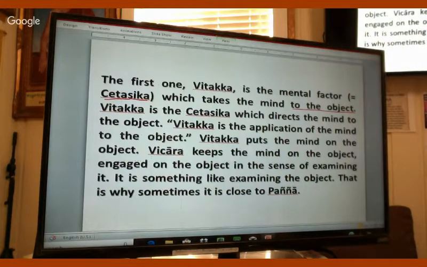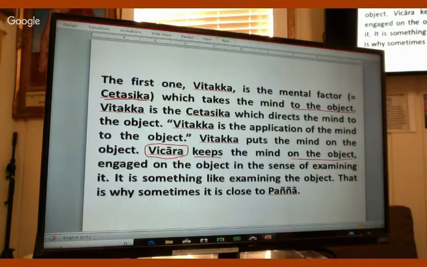You need to understand, Vitaka's function is like this. And then what about the other jhana factor, the second jhana factor, Vichara? What is the meaning? Vichara means keeping the mind on the object. So Vitaka and Vichara are a little bit different, isn't it? Vitaka is just the first introduction of the mind to the object, gone.